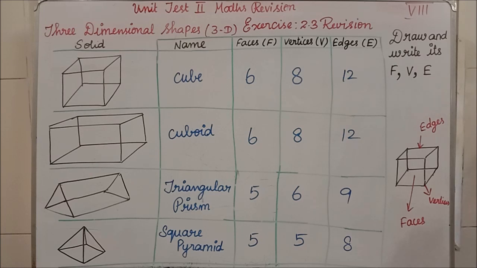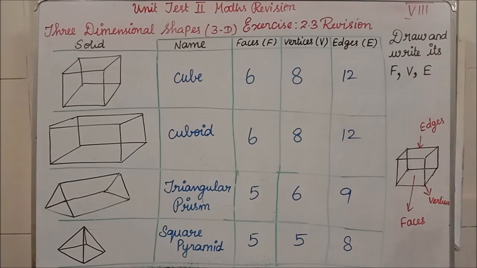Vertex is a corner, and these are the vertices. Already I have taught this in the video. Face means a single flat surface, and this is a face. Clear, students?